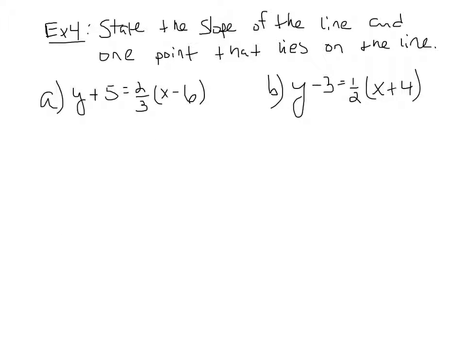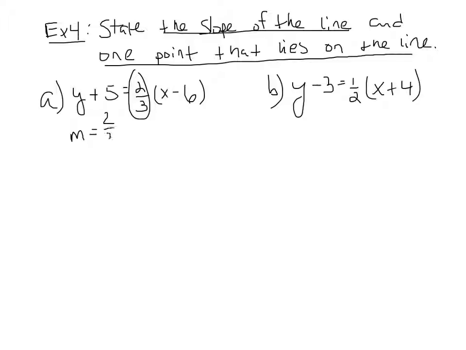All right, let's take it back real quick to where we started the lesson. If I give you the equation of a line in point-slope form, you should be able to tell me the slope of the line and one point that lies on the line. So for the first line, the slope, very easy. Remember, it's always the value of m in front of the parentheses. So the slope is 2/3.